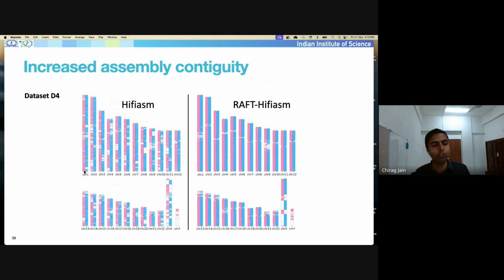The pink corresponds to one haplotype and the blue corresponds to the paternal haplotype. You can already see that on the left-hand side, you have too many breaks in the assembly, whereas on the right-hand side, there are fewer breaks. So this indicates that the contiguity of the assembly has significantly improved by this repeat fragmentation idea.